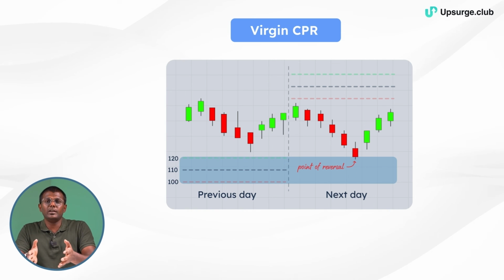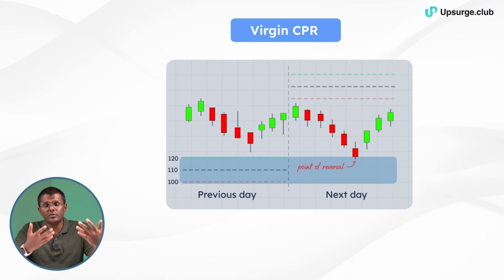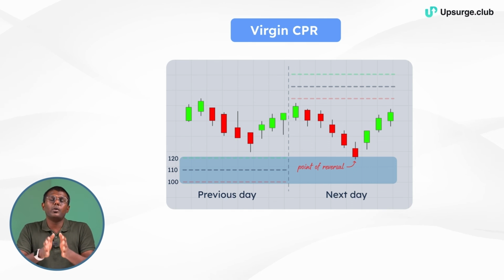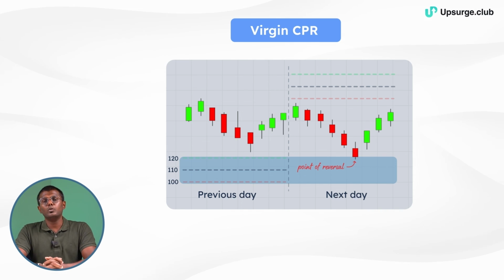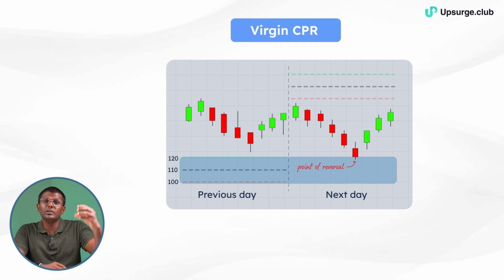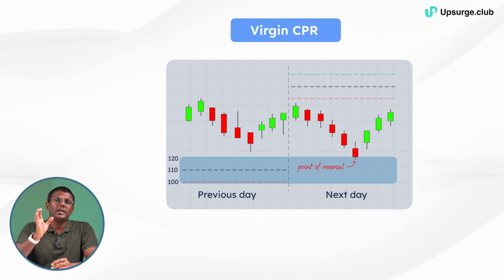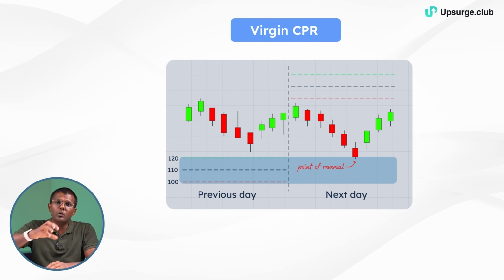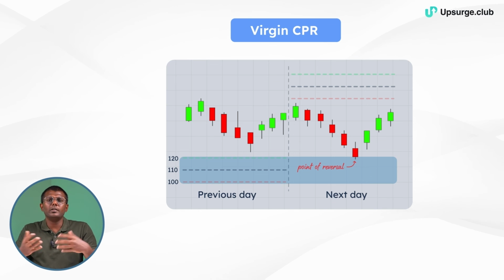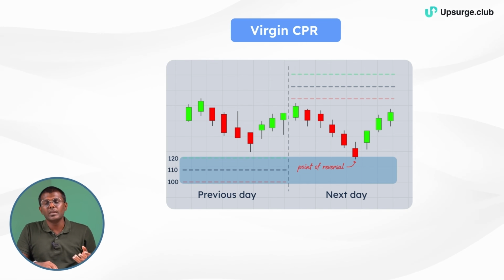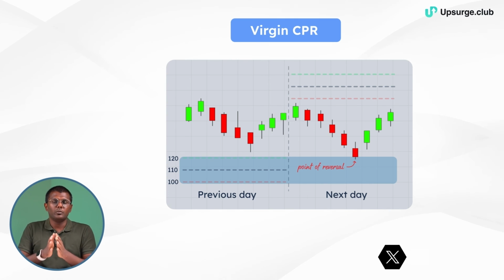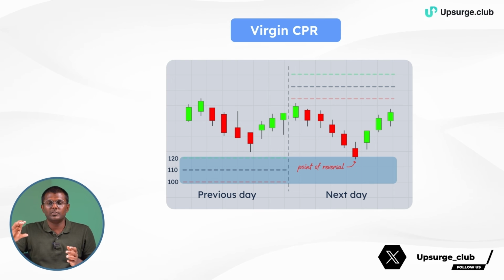In the next trading session, we have to use that virgin CPR as a point of reversal. So today, if the candles are approaching this virgin CPR from above, then we can expect the candles to bounce from that virgin CPR. On the other hand, if the candles are approaching the virgin CPR from the bottom, then we can anticipate a reversal and expect the prices to fall further. So basically, virgin CPR is a point of reversal.